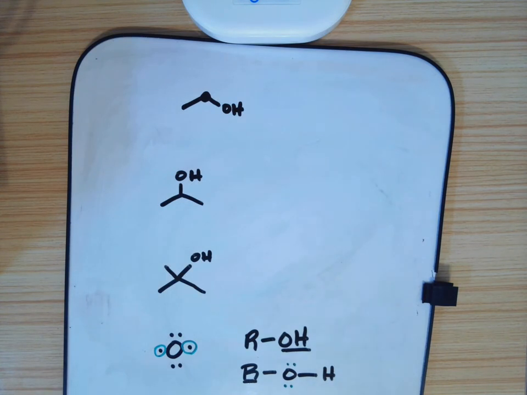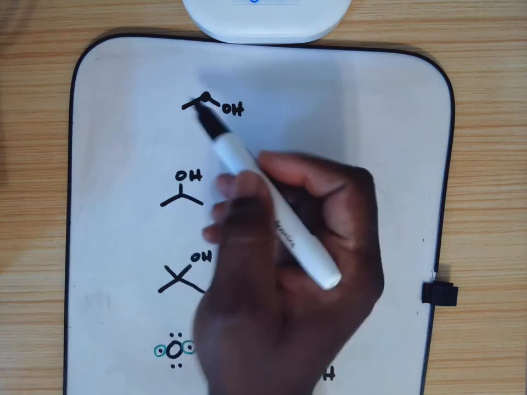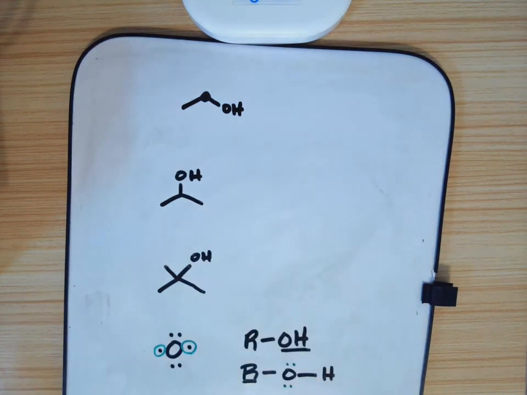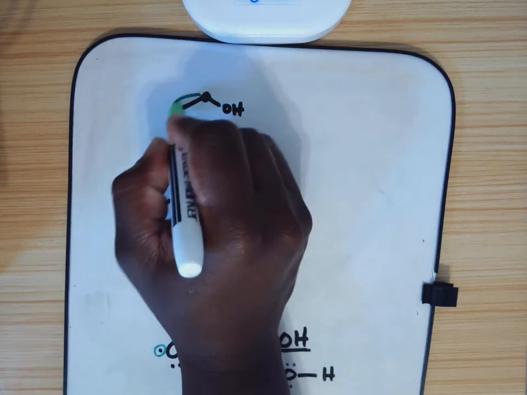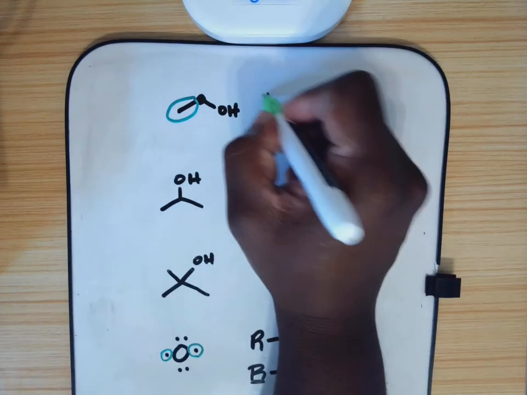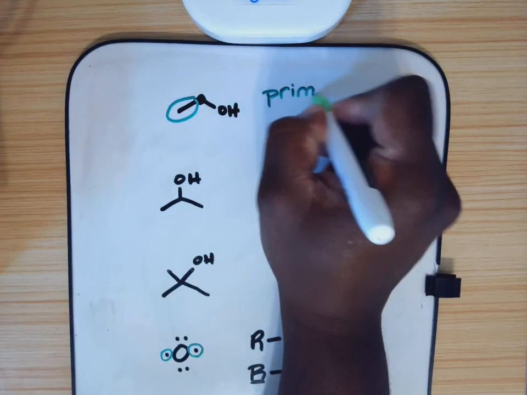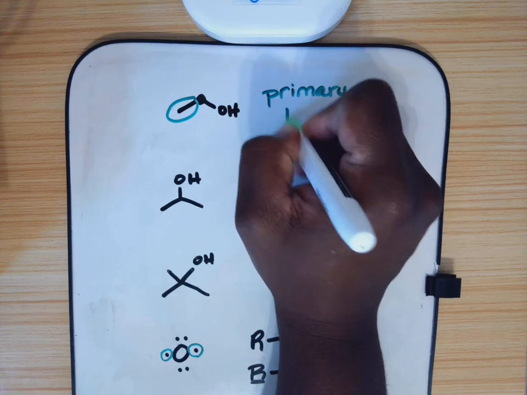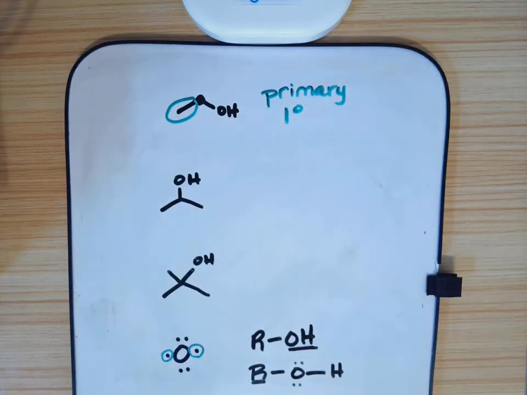Depending on how many carbon atoms are directly bonded to that alcoholic carbon, this is what determines the classification of the alcohol. So for the first alcohol, we have our alcoholic carbon, the carbon that the alcohol functional group is bonded to. It only has 1 carbon atom directly bonded to it.